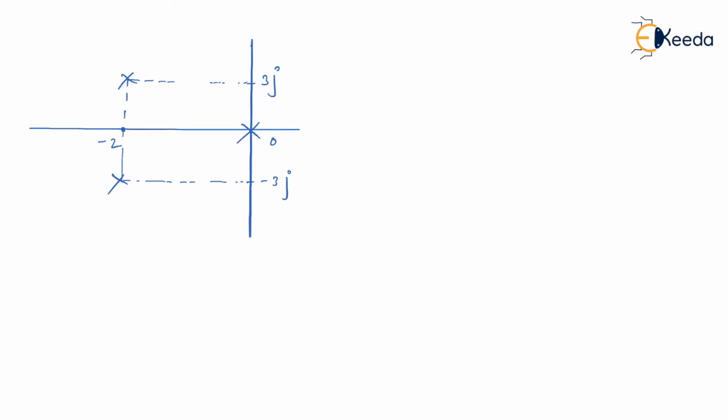Now, first of all, to move ahead, we will have our centroid. The value of centroid that I got is -4/3, and I got 3 angles of asymptotes, 60 degrees, 180 degrees and 300 degrees. So first of all, we will complete this. -4/3 means it will be somewhere over here. So this is the value of centroid.